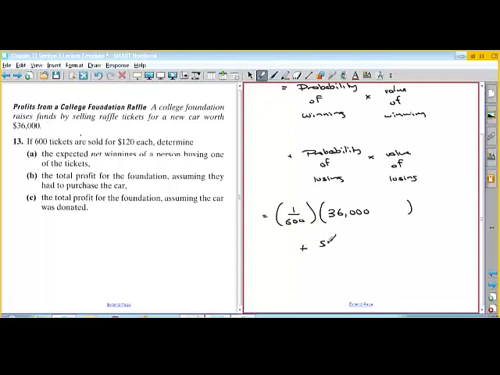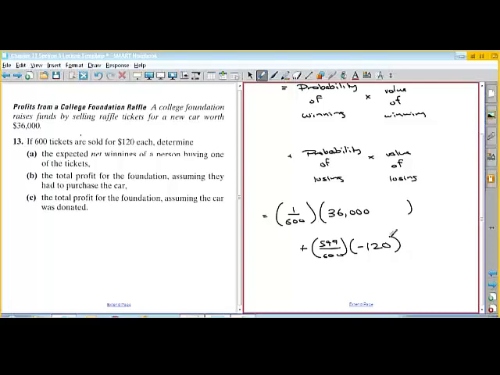Now the probability of losing is 1 minus the probability of winning, which would be 599 over 600. So we have 599 losers and 1 winner, Donald Trump, everybody else. Everybody else is losers. Okay, so the value of losing is you lose $120 per person.